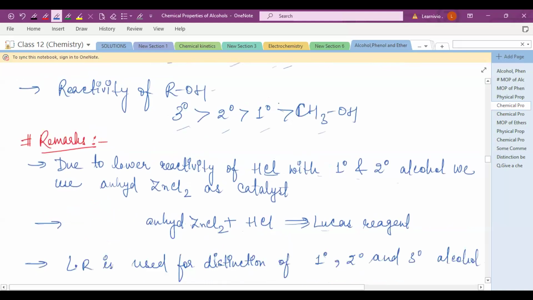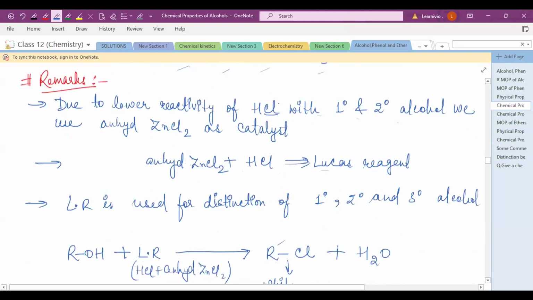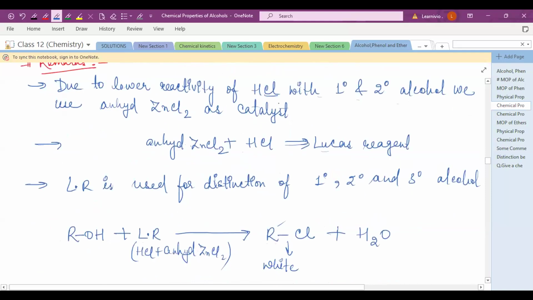So due to the lower reactivity towards primary or secondary alcohol, we use anhydrous ZnCl2 as a catalyst with HCl. This combination, anhydrous ZnCl2 plus HCl, is known as Lucas reagent.